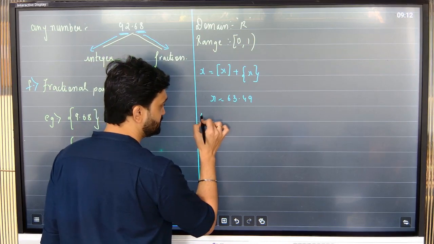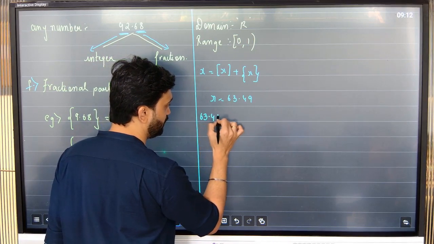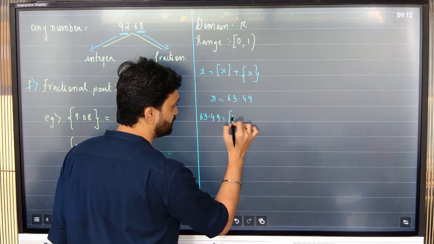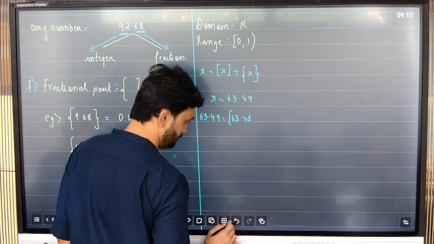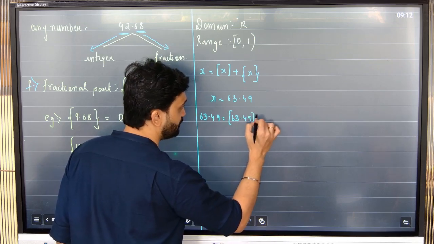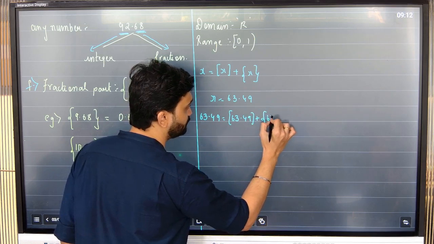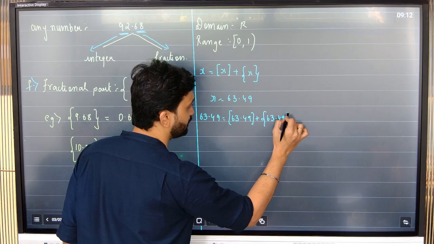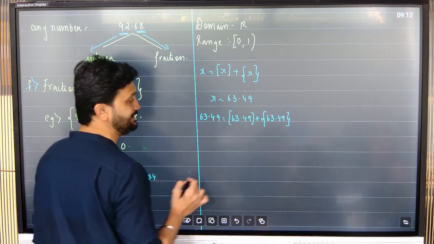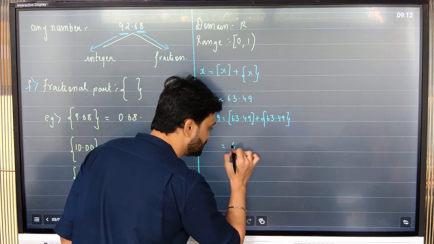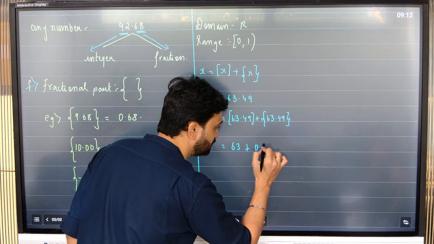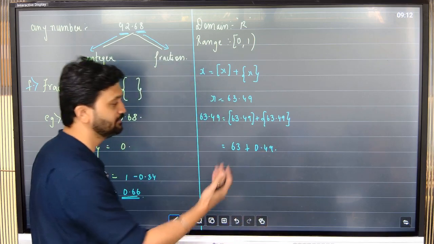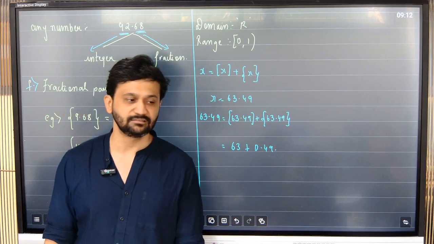So I will write 63.49 is nothing but greatest integer of 63.49 plus fractional part of 63.49. Greatest integer of 63.49 is 63 plus fractional part of 63.49 is 0.49. और guys अगर दोनों को ऐड कर दिया, I will get 63.49.